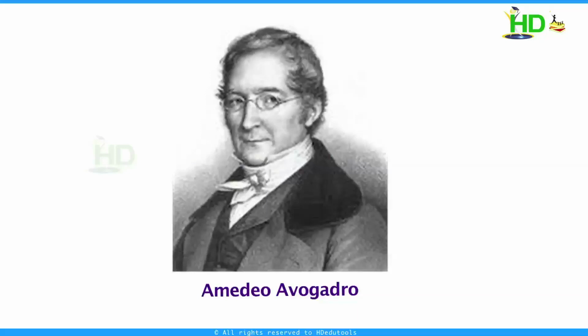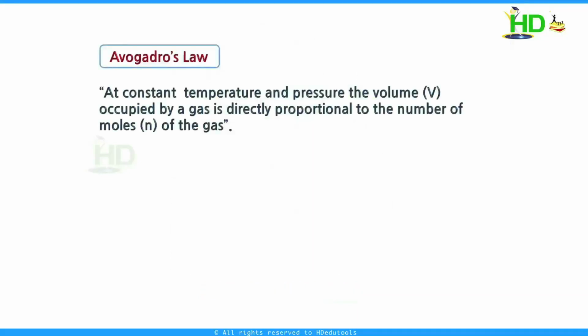The next law is Avogadro's law. This law was given by Avogadro in 1811 and it states that at constant temperature and pressure, the volume occupied by a gas is directly proportional to the number of moles or the number of molecules of the gas. According to this law, if temperature and pressure are constant, the volume depends on the number of molecules present in the gas.